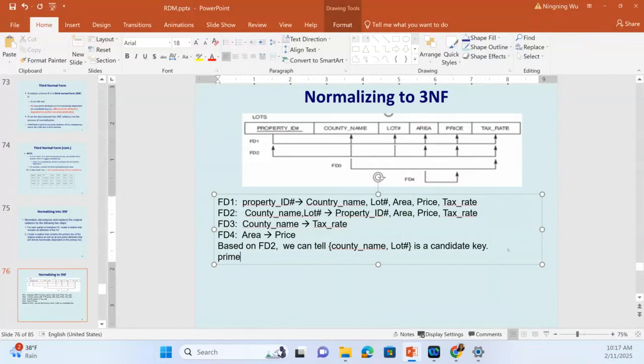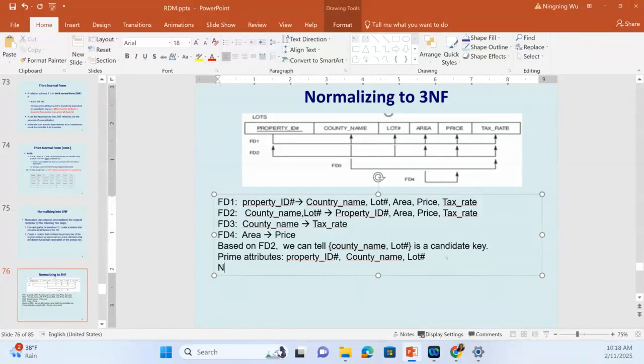So now we can identify the prime attributes. The property ID number comes from the primary key first. And the second one, from FD2, we can tell that county name and the lot number are also prime. So this means that we have 3 prime attributes.